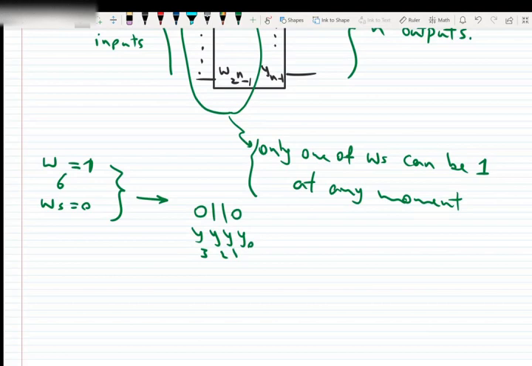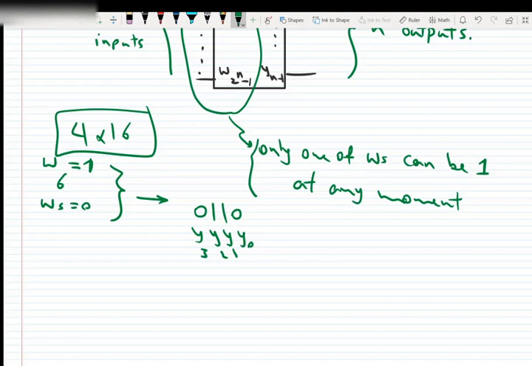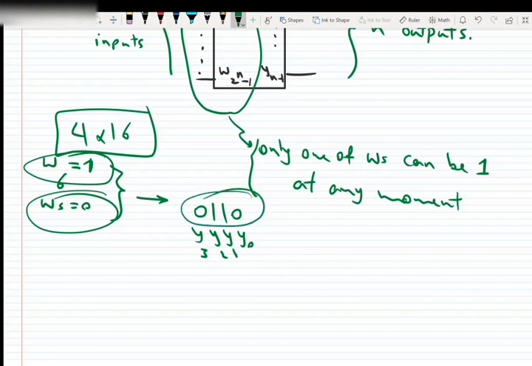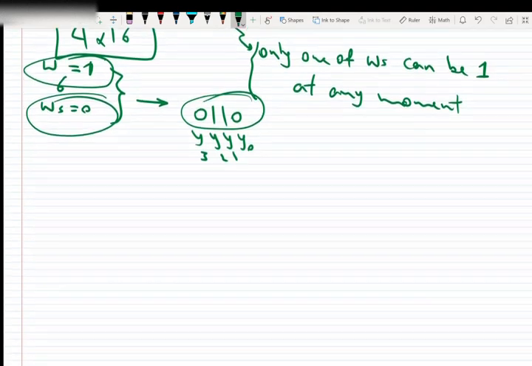So this one is an example of a 16 by 4 encoder. Not 16 by 4, 4 by 16, sorry, because it's an encoder. So in a 4 by 16 encoder, if W6 is 1, the other W's have to be 0 at that moment, and the number 6 will appear on the output, which is y3 is 0, y2 is 1, y1 is 1, and y0 is 0.